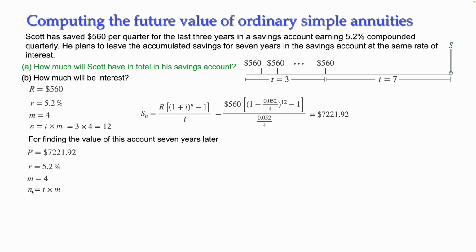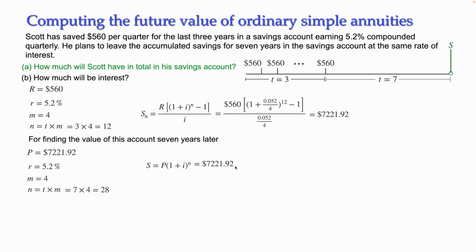The number of conversion periods will be the time, that is 7 years, multiplied by 4 periods per year, so 7 times 4 equals 28. This 28 is the number that we're going to use in the formula of compound interest. So no annuity, it is a compound interest problem. The future value will be the present value times (1 plus i) to the power n. And then just make a substitution.